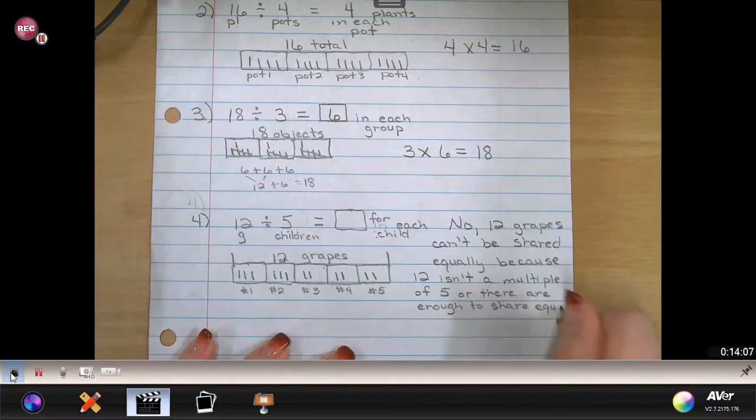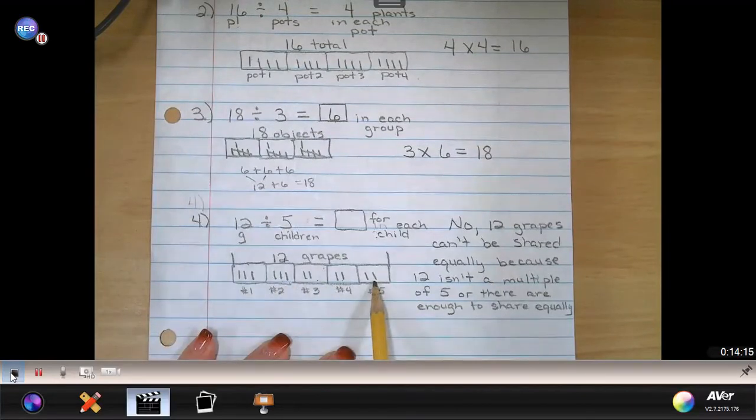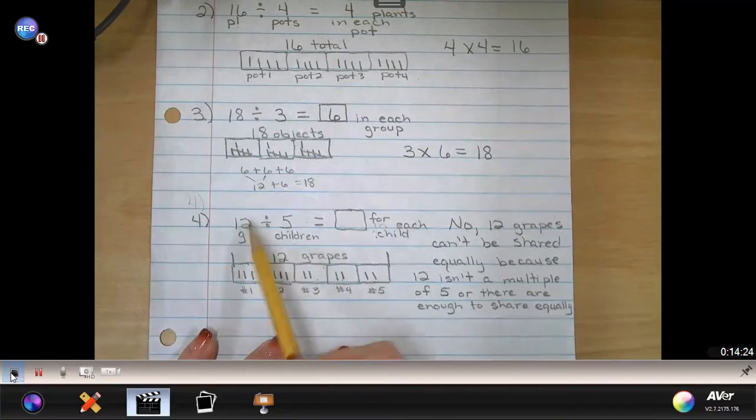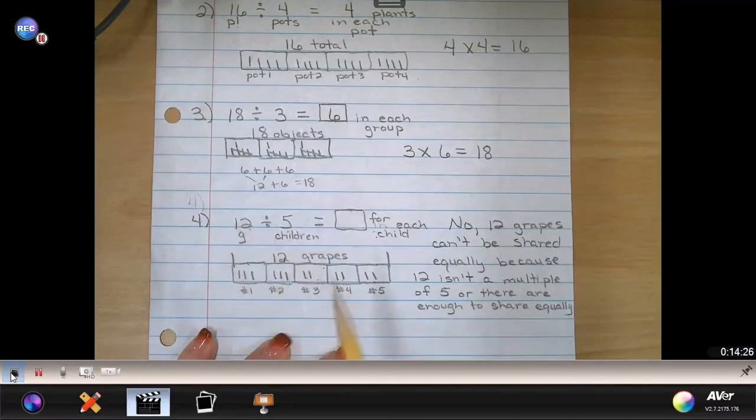So in order for every child to get 3 grapes, we would need 3 more grapes to be able to share them equally, and the same number of grapes be given to each child. So this would actually have to be 15 instead of 12. So there's many different ways that you could explain that.